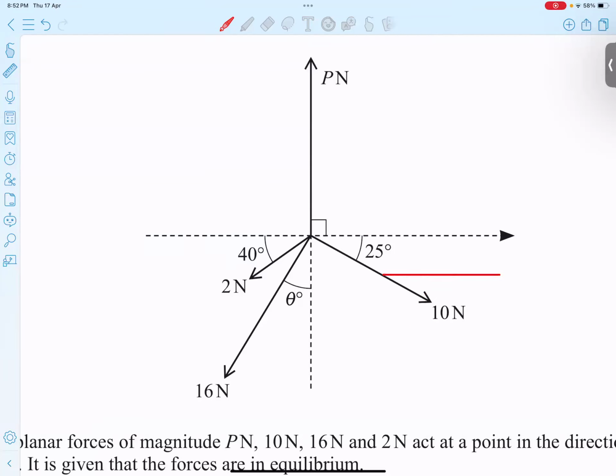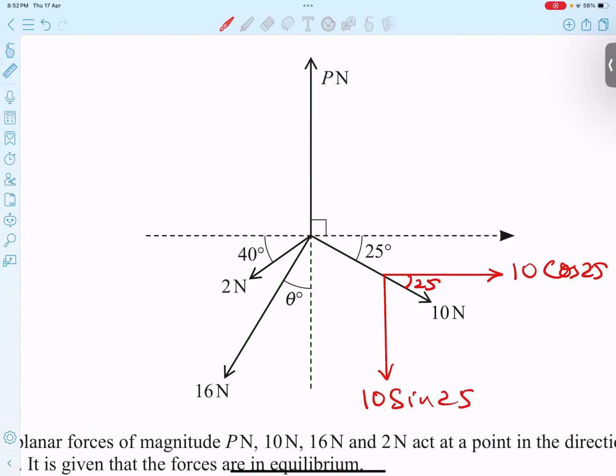You can see an angle 25 here, and the angle is with the x-axis, always with the x-axis. So that is the cos component: 10 cos 25. And this component is parallel to the y-axis because there is no angle here, so this is called the sine component: 10 sine 25.